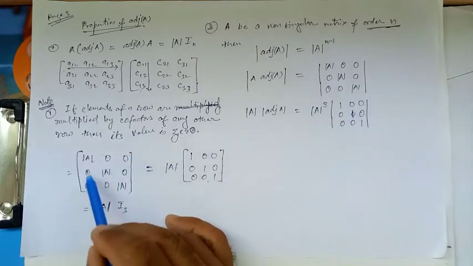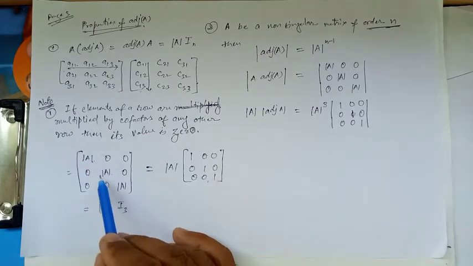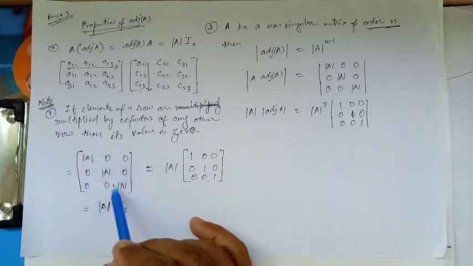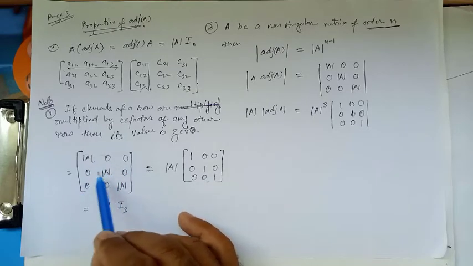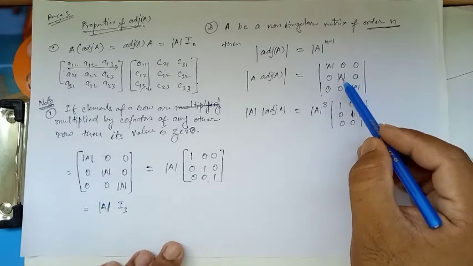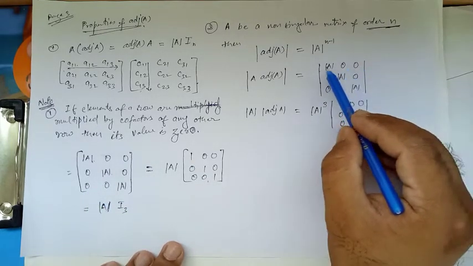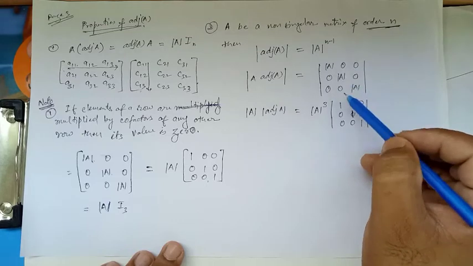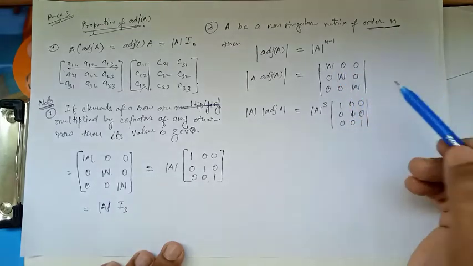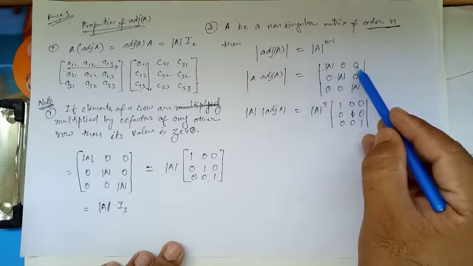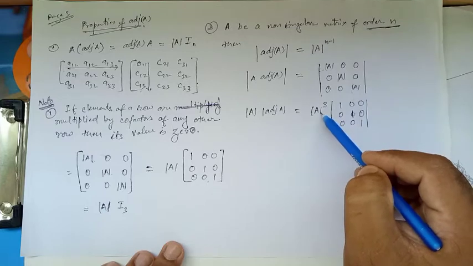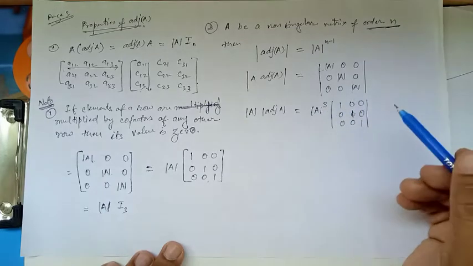Here it is a matrix, and if we take a common factor, that particular term should be there in the entire elements, then only we can take it common, as a scalar quantity. And in the determinant we can take a common factor from any row or any column. So therefore we are taking common determinant of A from row 1, row 2, row 3, so it will become determinant of A to the power 3.